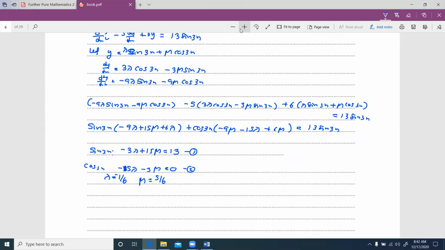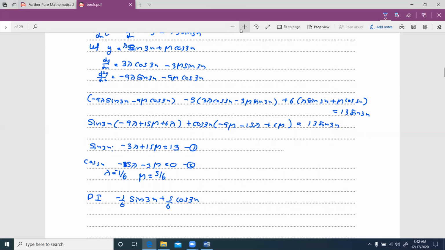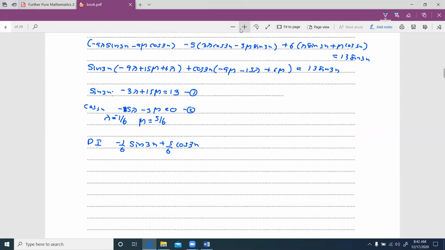The particular integral is minus 1 over 6 sine 3x plus 5 over 6 cos 3x. Then the complementary function is the same thing, a e to the power 2x plus b e to the power 3x.